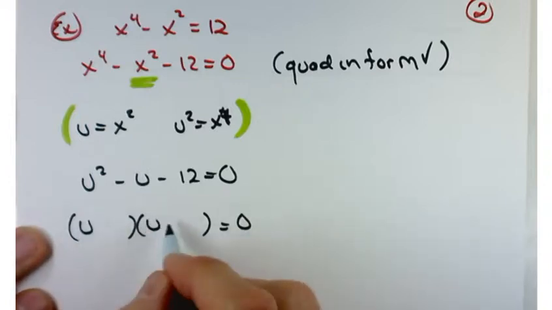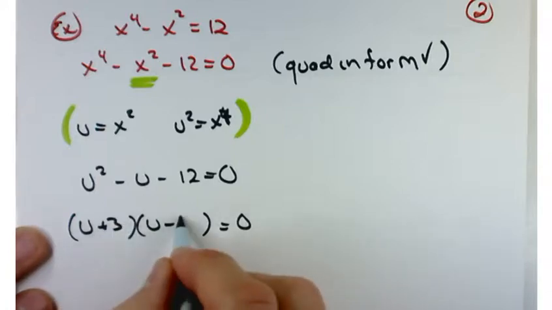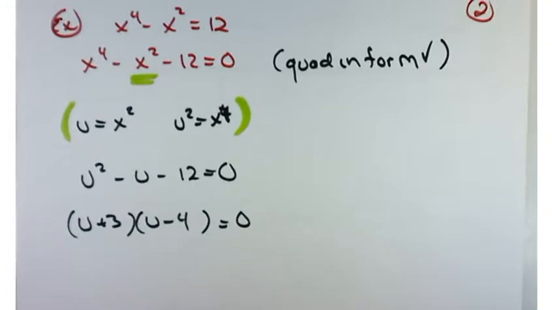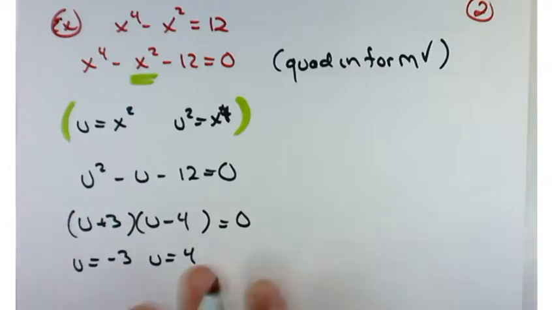U plus 3, u minus 4. Yay. And from here, we can read off the solutions to this problem, right? It's going to be u equals what? Negative 3 and positive 4.